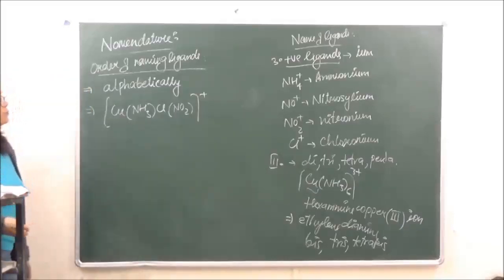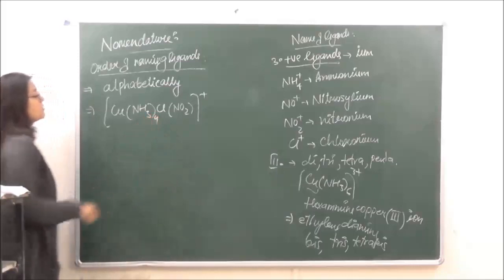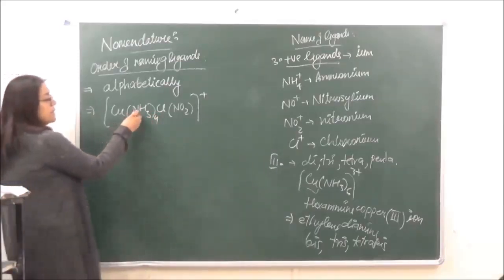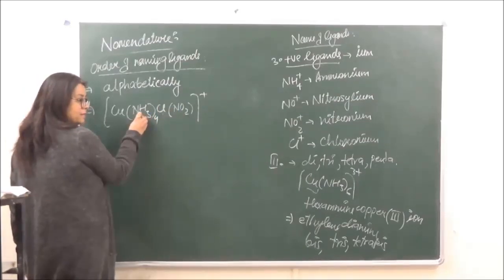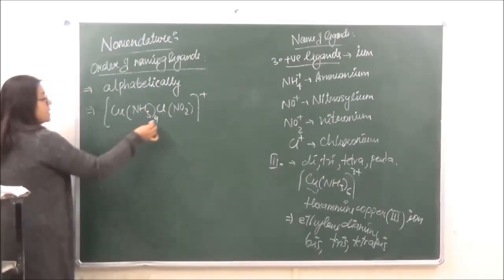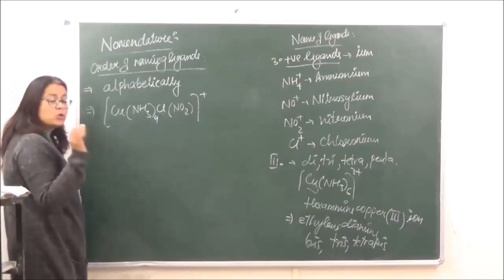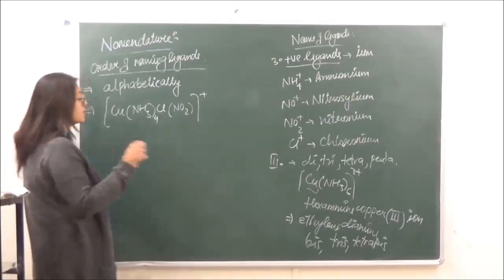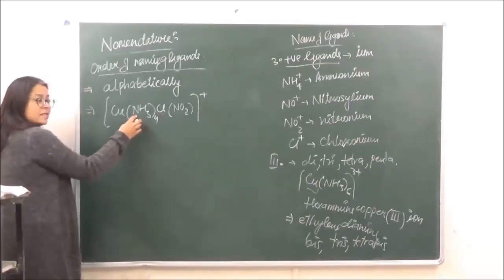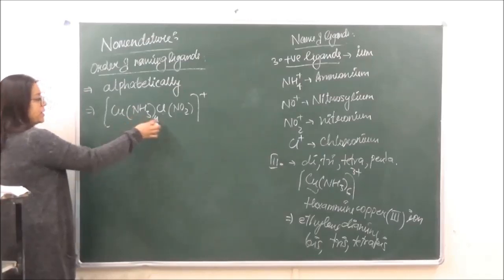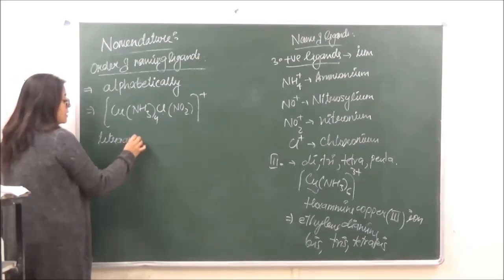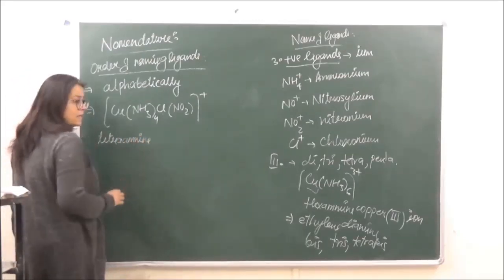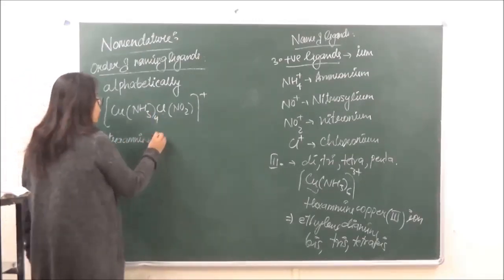So how are you going to name over here? We have three different kinds of ligands present. So this is amine, this is chlorido, this is nitrito. So first amine will come, tetra amine. The prefix tetra, we do not have to consider its alphabet; we have to consider the alphabet of the ligand. Okay, so this is going to be tetra amine. After that comes chlorido.